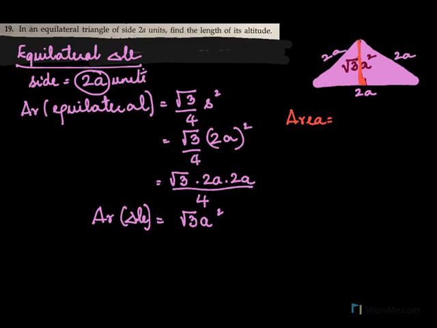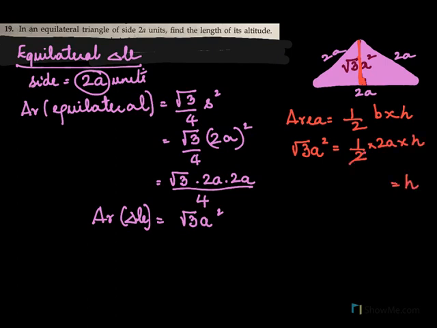We do the same thing. We have area equal to half base into height. Now the area we know is root 3a square. Half. Now the base they have not mentioned, and they need not mention the base, because in an equilateral triangle all the sides are equal, all the bases are equal. So we can put any base, that is 2a, and we need to find the height.